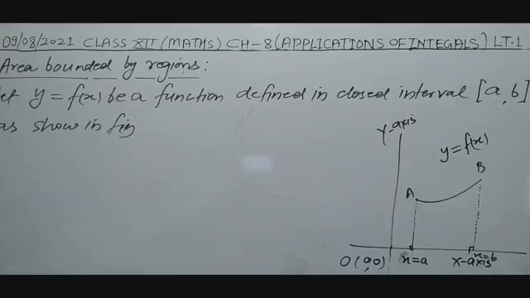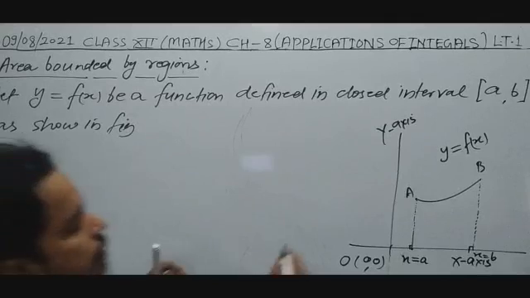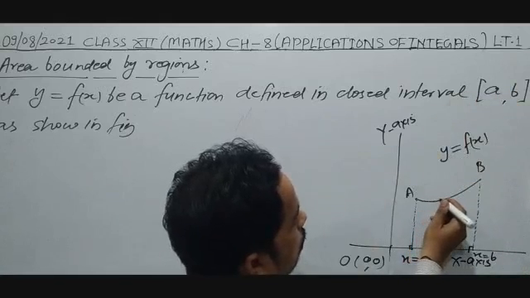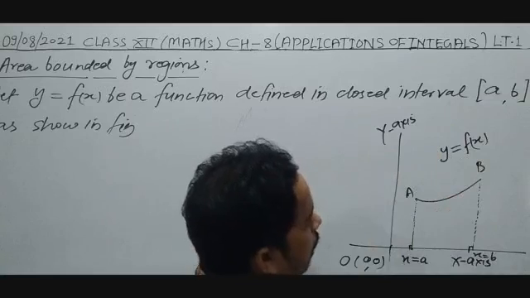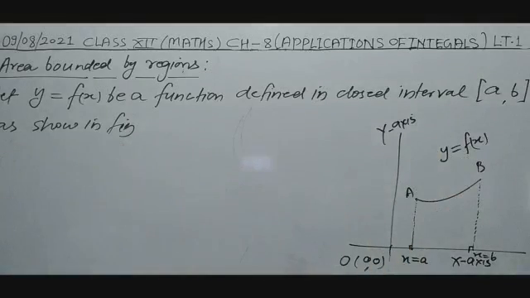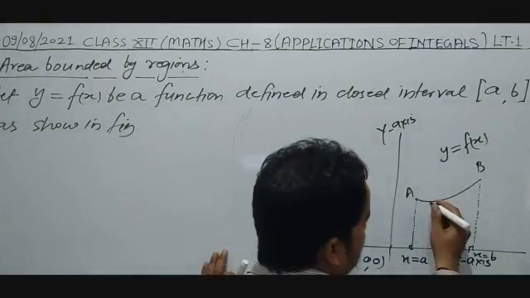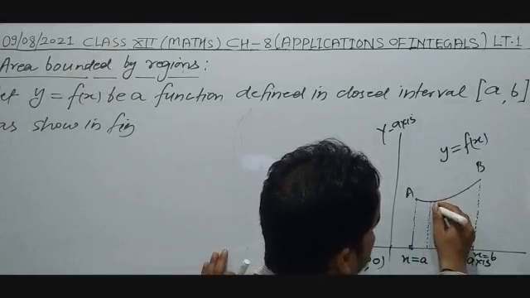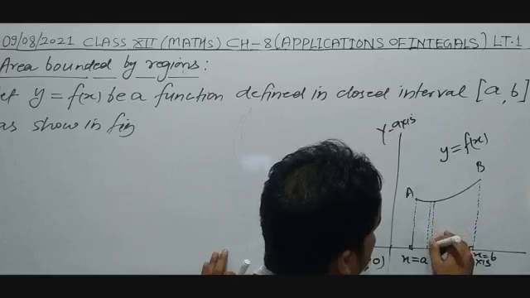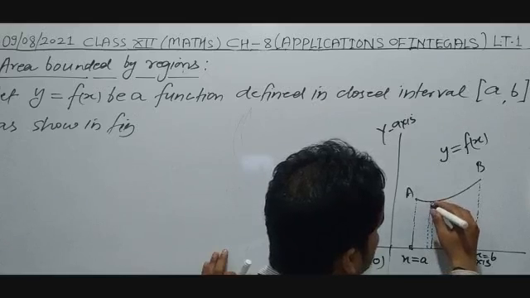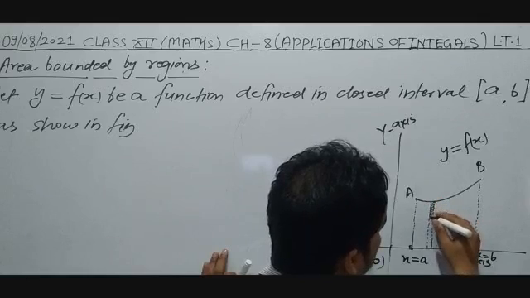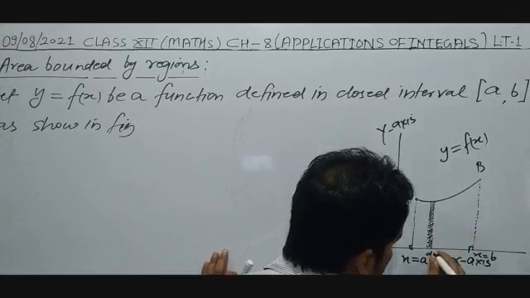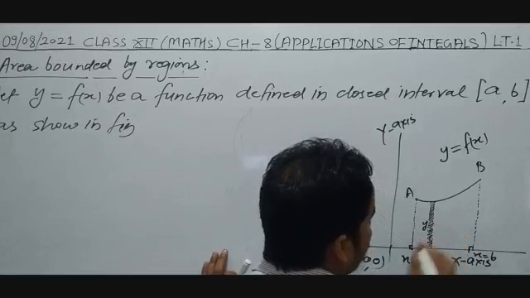Now suppose this curve is made of many points A, B, C, D, E, F, G, H, many points lying on the curve, and suppose we draw perpendiculars from any two arbitrary points such that the distance between the two points, or thickness, is dx, and suppose this is the length y.